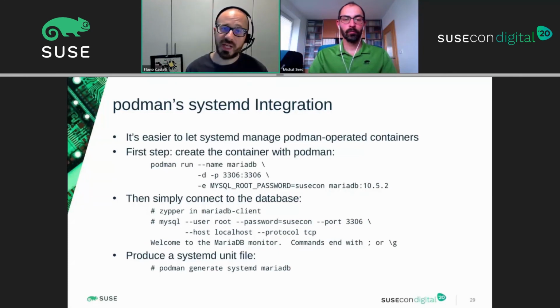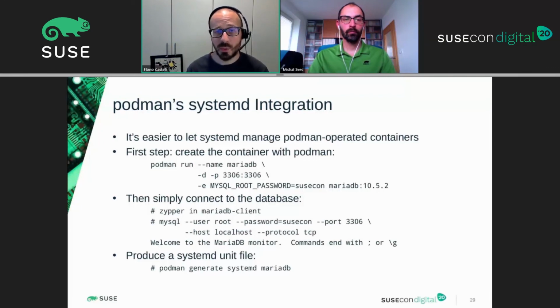You could do that with Docker. However, due to Docker's architecture, where you have this daemon sitting between you and the end container, you would end up having quite some quirks and some corner cases. All of that is gone thanks to Podman's architecture, which doesn't have this daemon. So with Podman, systemd can easily manage containerized workloads.